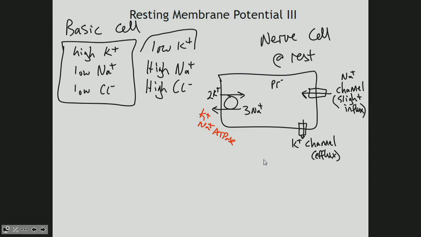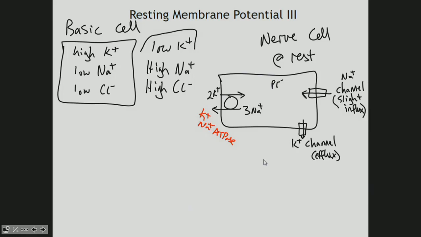We've talked about this ad nauseum. You have a potassium channel, which is an efflux channel, so you've got a slow leak of potassium outside the cell. You have a membrane which is semi-permeable to potassium, just like that last slide. And you've also got a slight influx of sodium through a sodium channel. So there's a slight leak here.